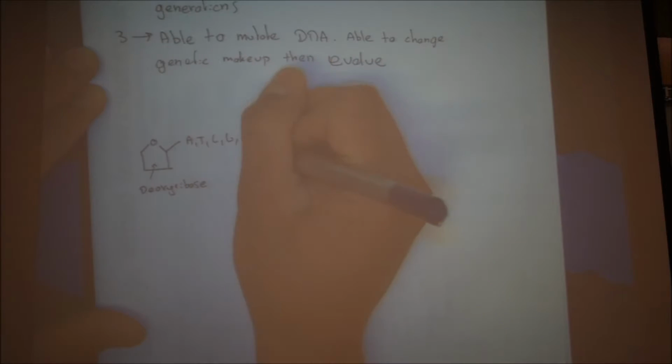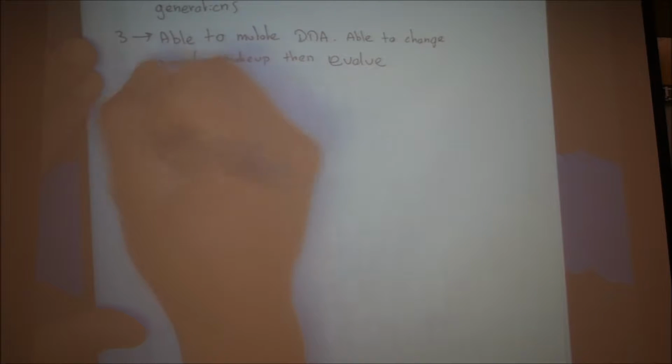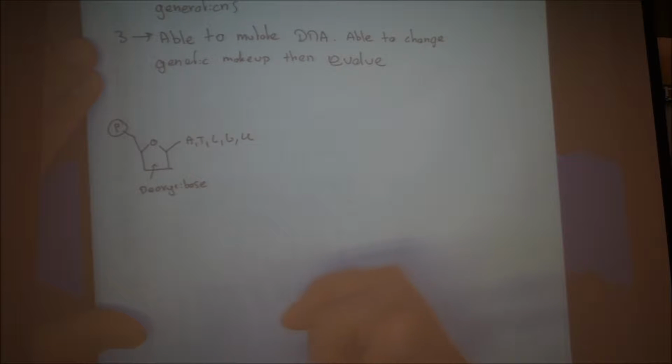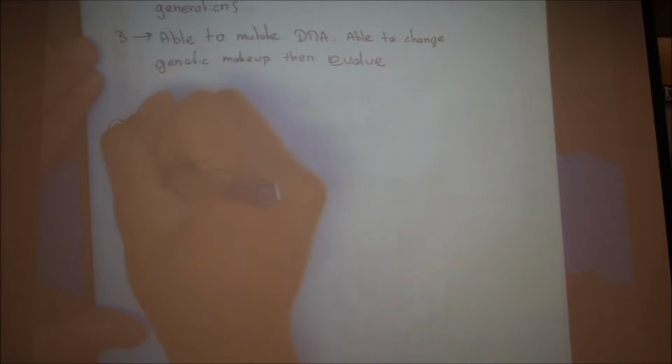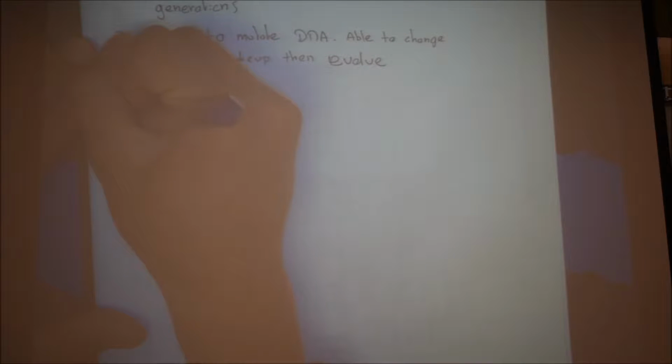If we're talking about RNA. And then finally, it's going to have what? A phosphate. So right there. So basically what happens, right, is you have this alternating subunit where you have this phosphate and it's attaching to the bottom of a sugar molecule right here. A, T, C, G, U.